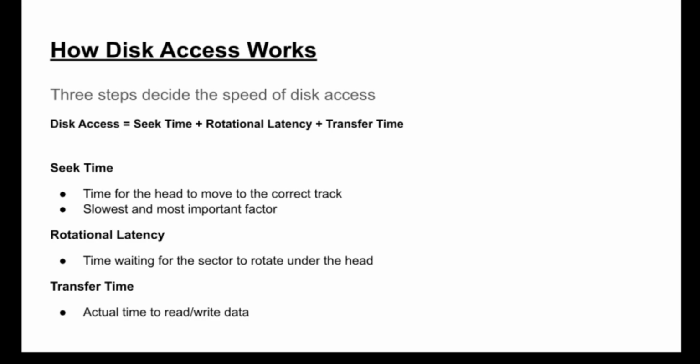Rotational latency is the time taken for the correct sector to rotate under the read or write head. Transfer time is the actual time to read or write data. So disk access time is equal to seek time plus rotational latency plus transfer time. By combining these three, we get the disk access time.